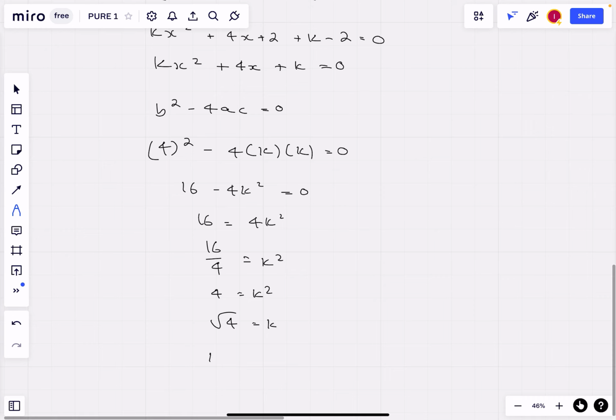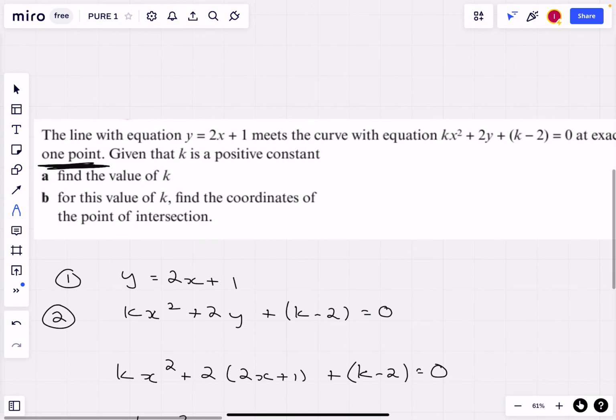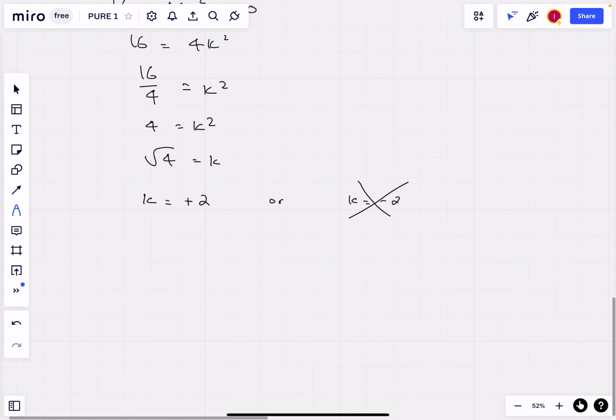So that means k can be plus 2 or k can be minus 2. Those are our two solutions. But in the question it says, given that k is a positive constant, which means that doesn't work. K has to be positive 2.